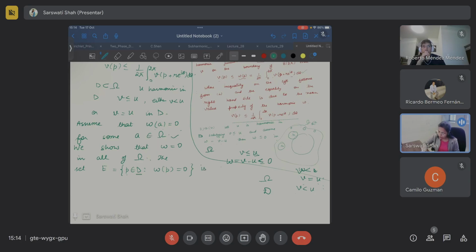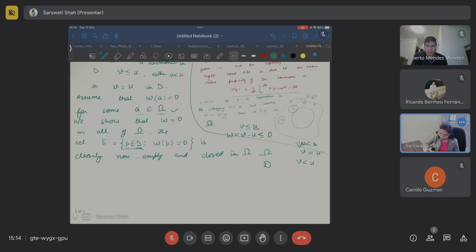Now according to our assumption, since W of A equals 0, A belongs to omega. Since U is defined on D, there should be some point for sure, so E is clearly non-empty according to our assumption, and closed in omega.